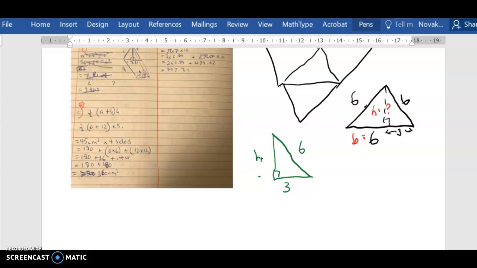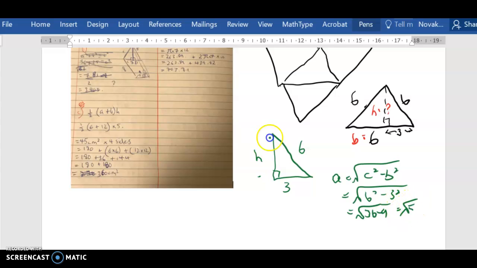Remember, the length of the left side is a, which is the square root of c squared minus b squared, the square root of 6 squared minus 3 squared, 36 minus 9, which is the square root of 27. You'd think that it would have been a nice round number, like 25, which gives 5, but it's not. So we in actual fact have a surd.